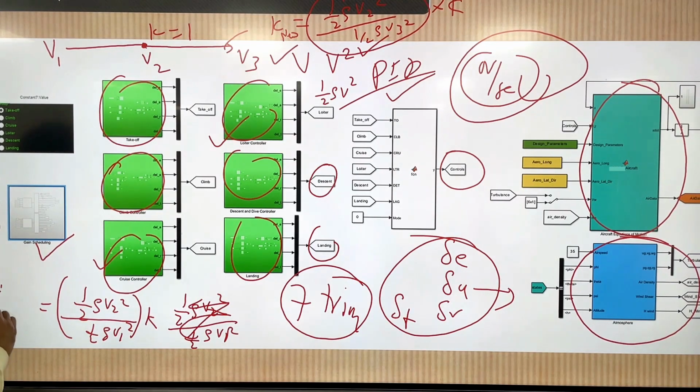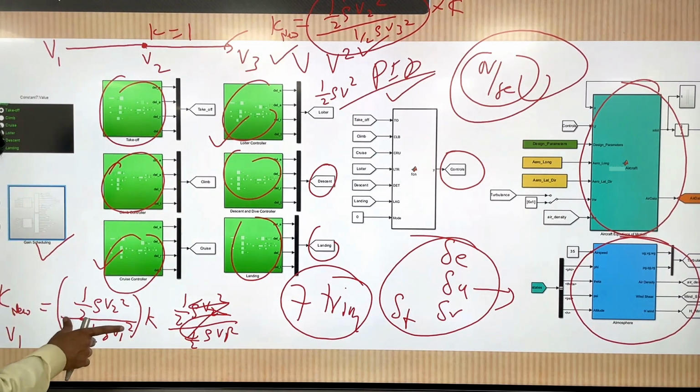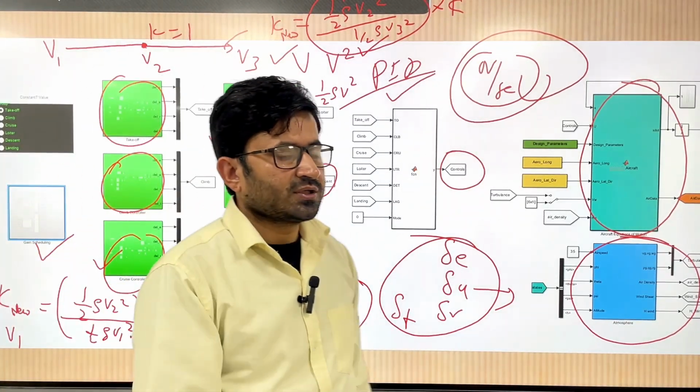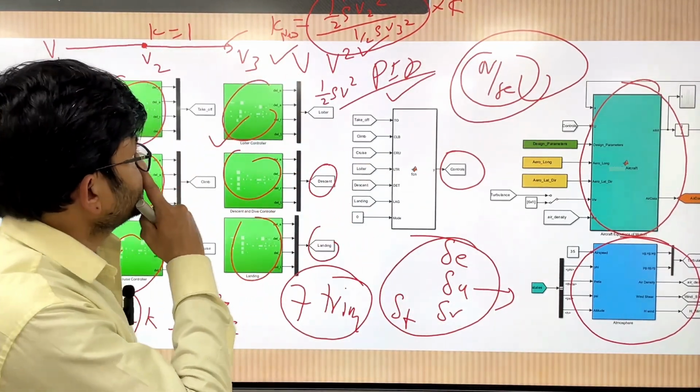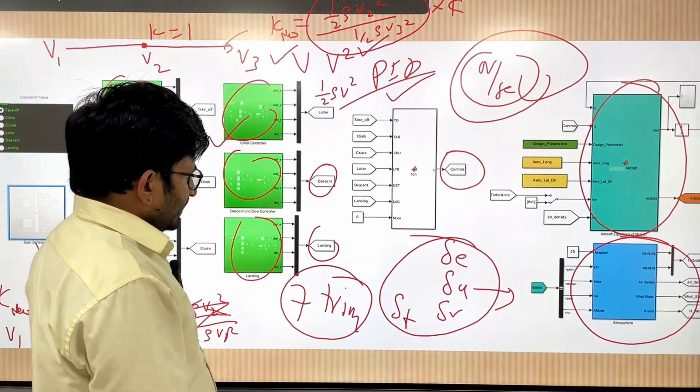This will become the k new for the v1 point. So this value will be greater than 1. So at a lower speed, you have to increase the gain. We have already discussed this in detail, not a problem.